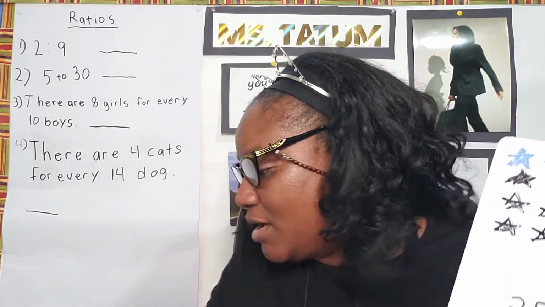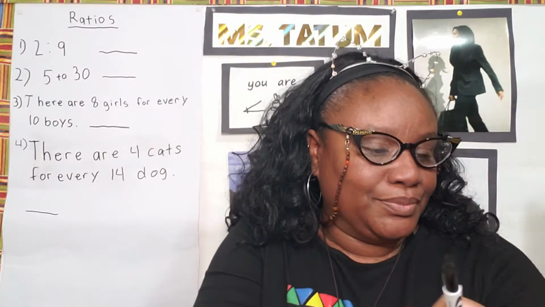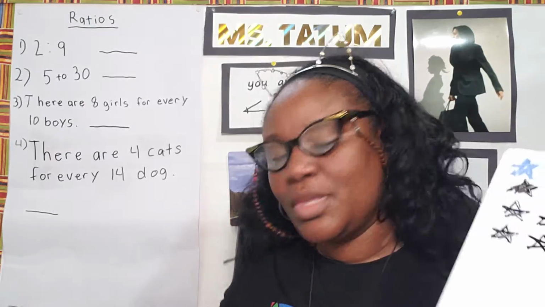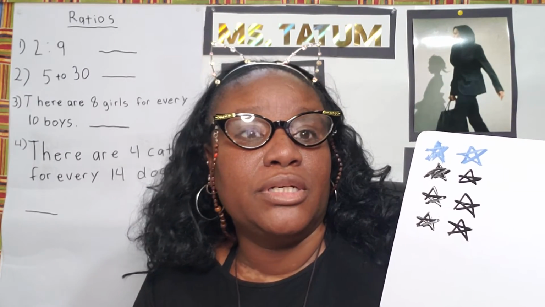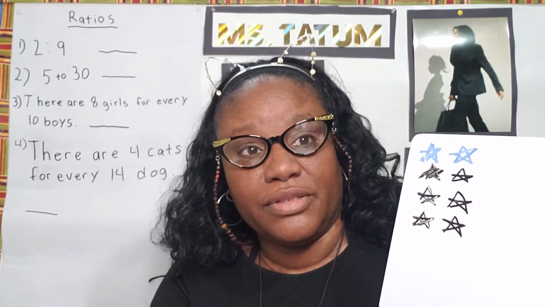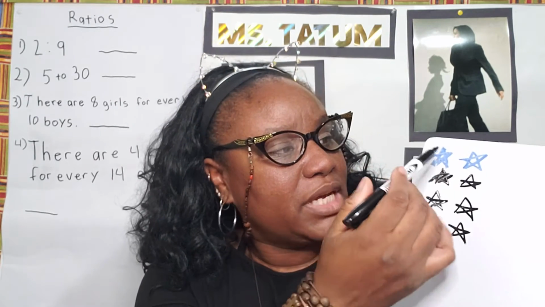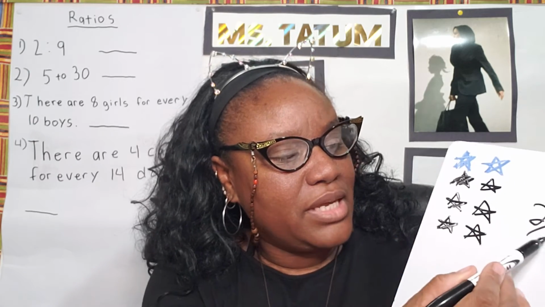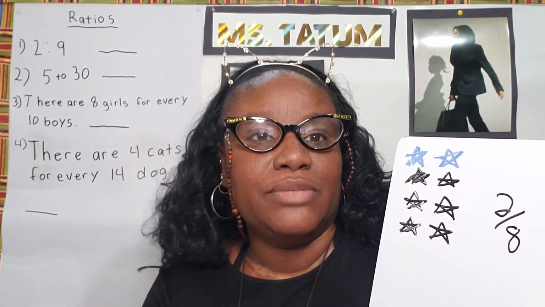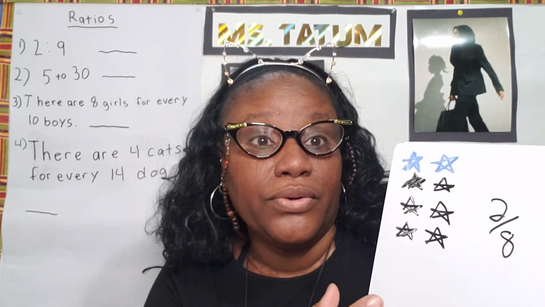I could also ask you, what's the number of blue stars to all of the stars? So you would just count 2, 4, 6, 8. That's what's called part to whole.